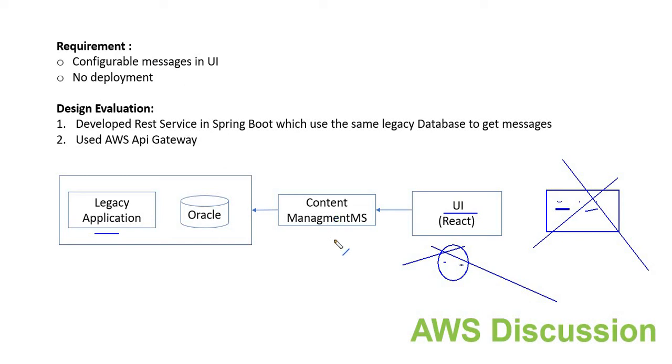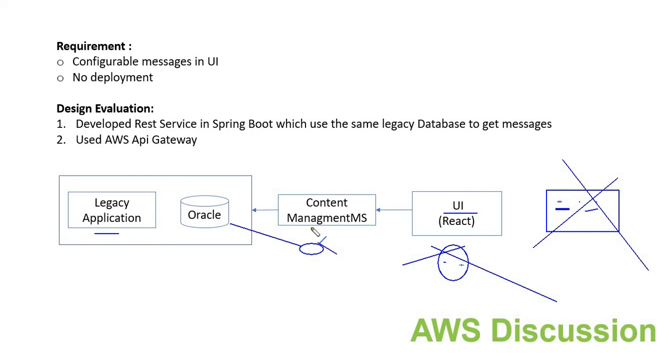Initially, we thought of giving it its own database, replicating what we have in Oracle. But the DBA team didn't agree because they don't want to copy the same data again and again. They asked us to use the same database. So we ended up sending a request to the legacy database and getting the data. That is how this microservice was designed.